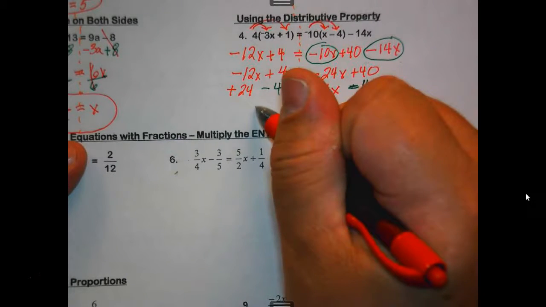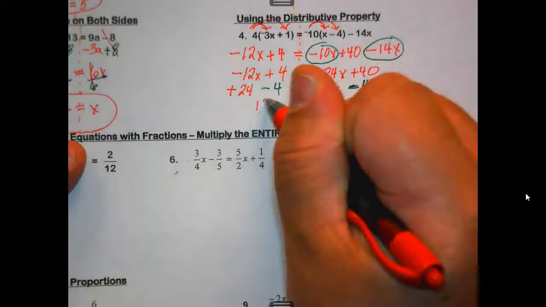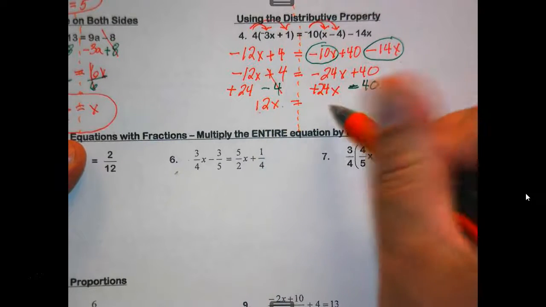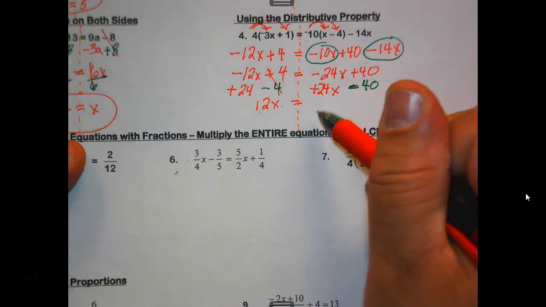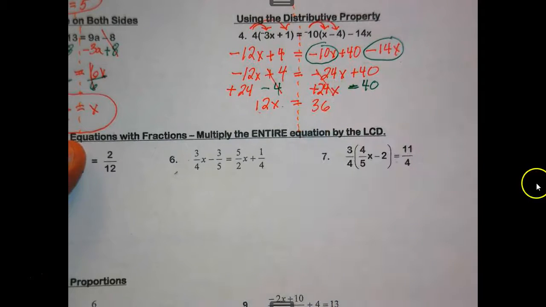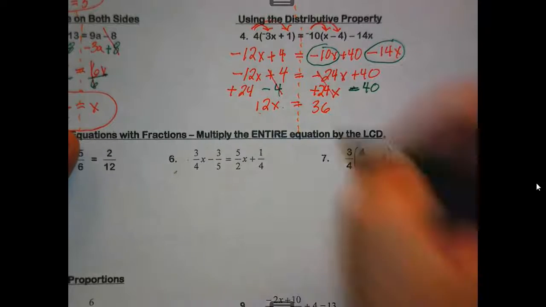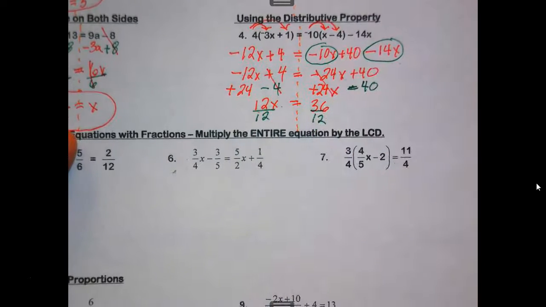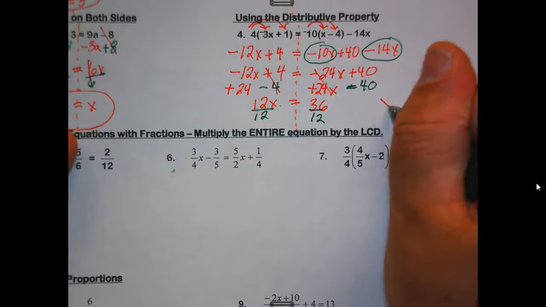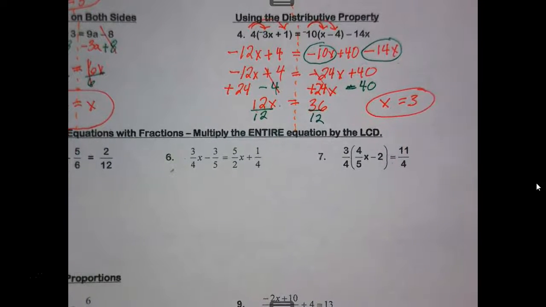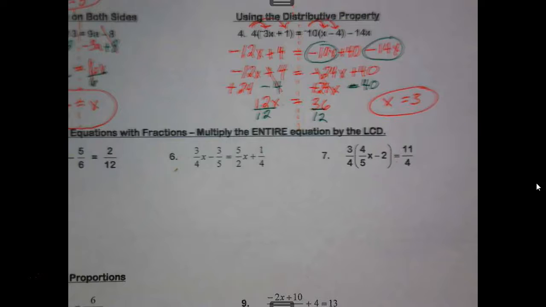So I get 12x equals 36. Divide both sides by the coefficient 12. And you get 3. Did I skip too many steps or do them too fast? A-okay?